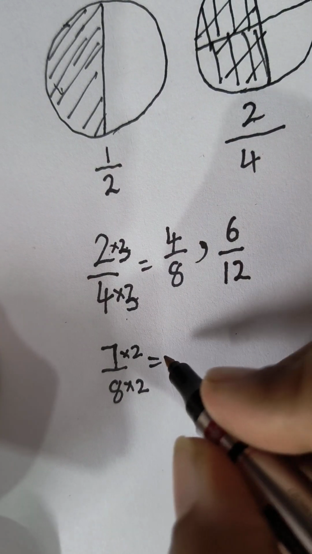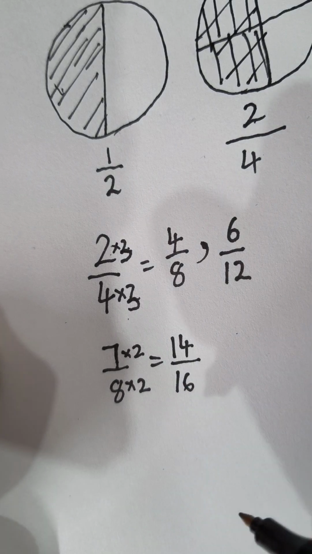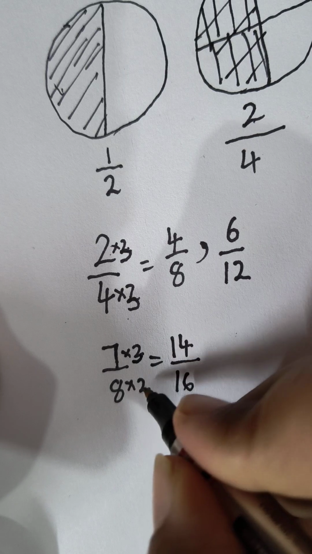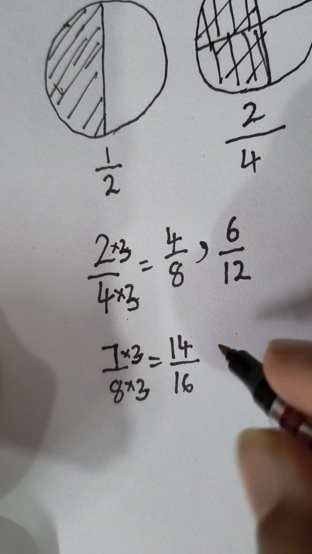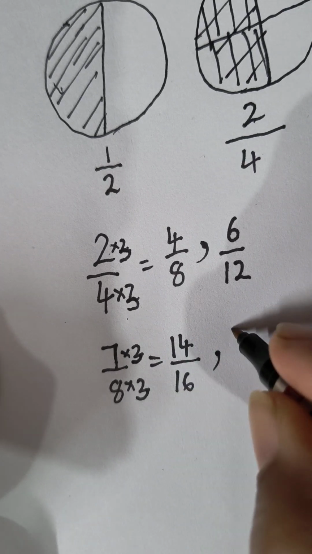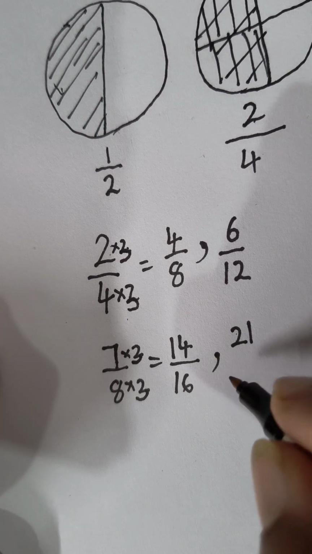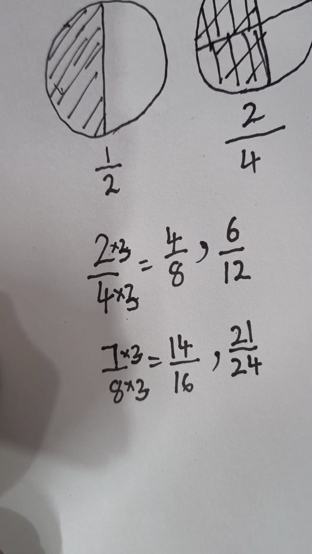So 7 twos are 14 and 8 twos are 16. For the second equivalent fraction, we multiply the numerator as well as the denominator by 3. So 7 threes are 21 and 8 threes are 24. I hope now it is clear.